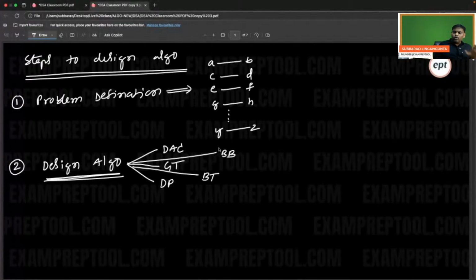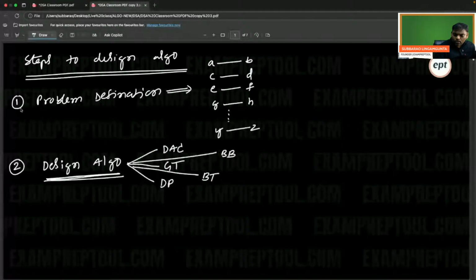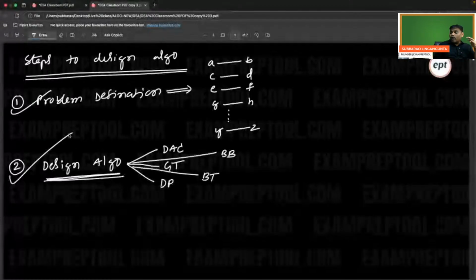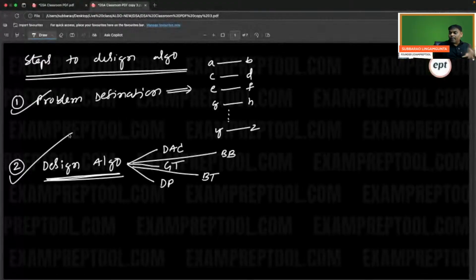First step is knowing the problem. Second step is what patterns are available to your problem, and which pattern is more suitable we have to select. Remember, if the second step is over, almost you got the answer. Because you got the pattern, you got the logic, you got the template.